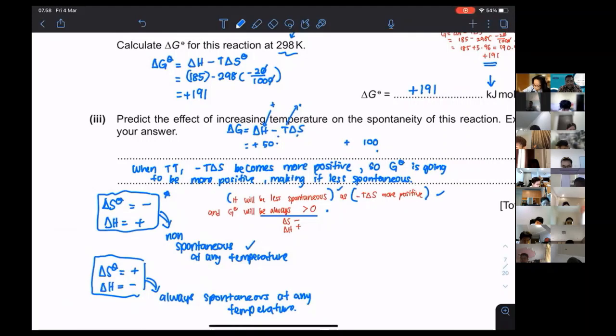So I do not know whether the marking key is the final version. If you ask me, this condition is going to be non-spontaneous at any temperature. If you write down non-spontaneous at any temperature and explain why, by saying the Gibbs free energy is always going to be more than 0, that will be a better answer.